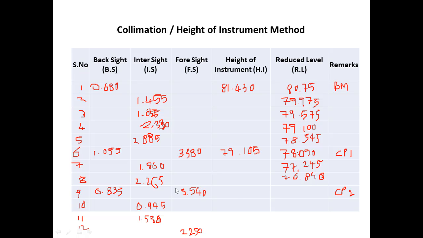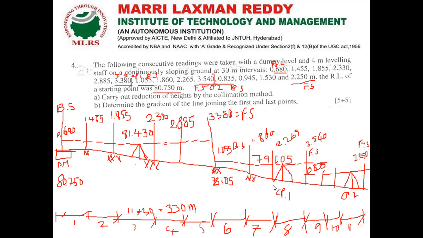Next, 79.105 minus 3.540 gives the answer of 75.565. Now come to this diagram. So here the RL of the point is 75.565.